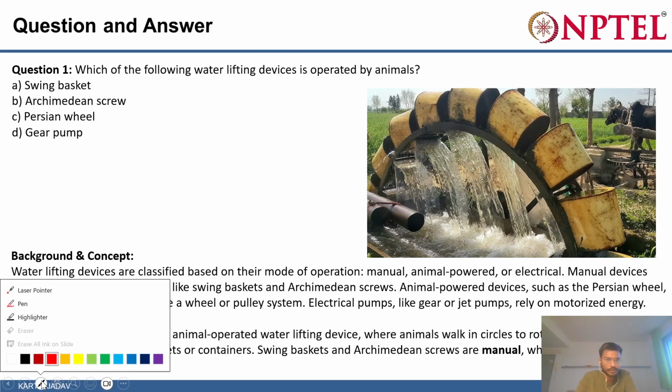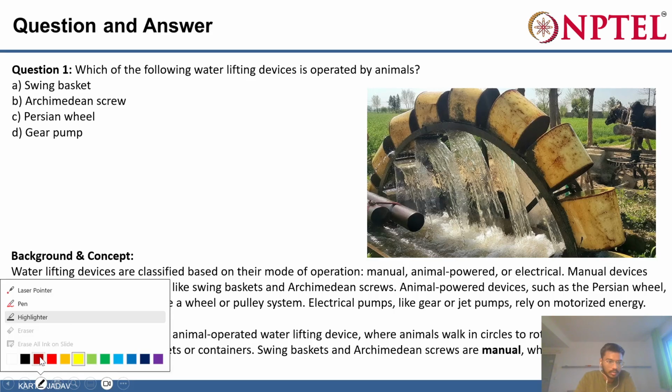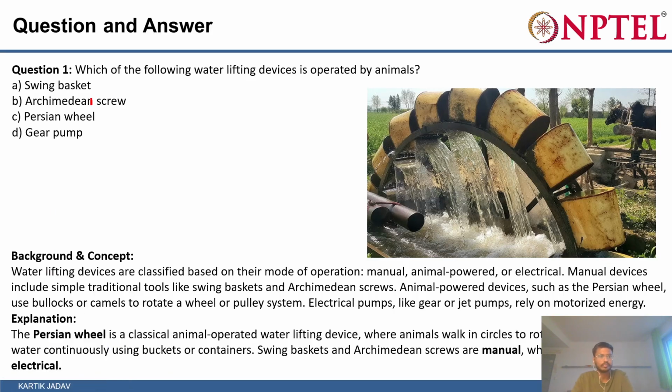Which of the following water lifting devices is operated by animals? Swing basket, Archimedean screw, Persian wheel, and gear pump. So we know that water lifting devices are classified based on their mode of operation, right?